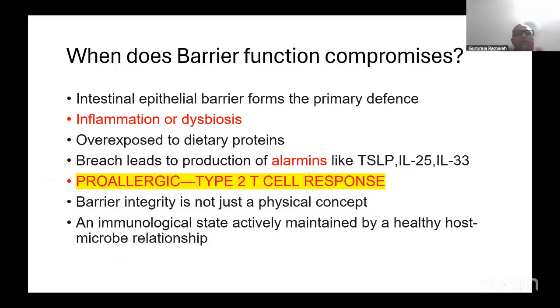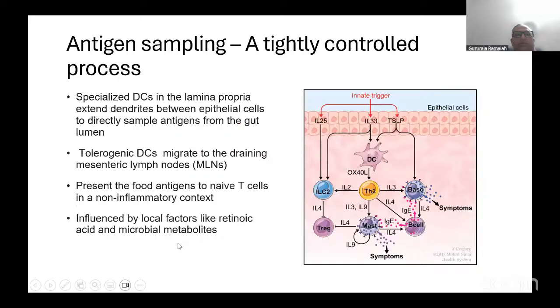Secondly, under homeostatic conditions, we should remember that barrier integrity is not just a physical concept. It's an immunological state actively maintained by a healthy host-microbe relationship. So the next step is antigen sampling. Antigen sampling is a tightly controlled process.